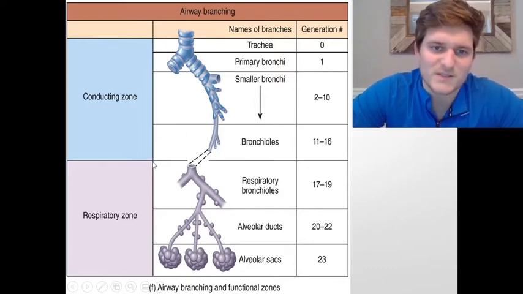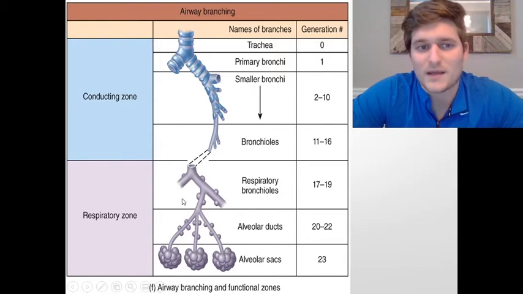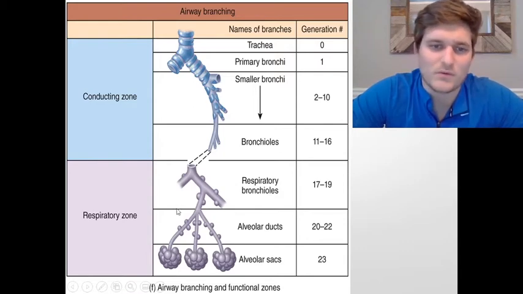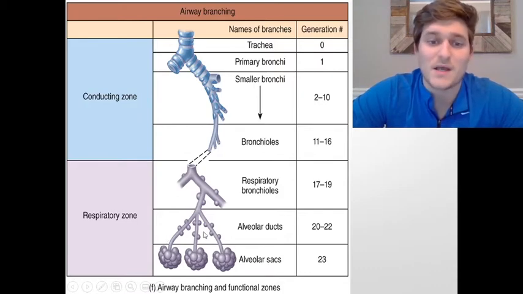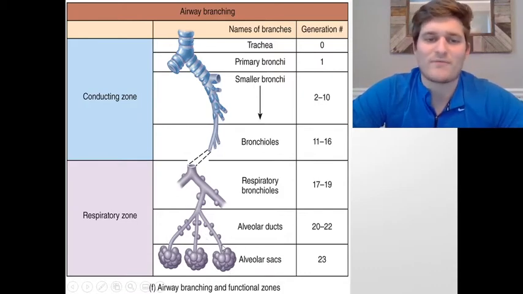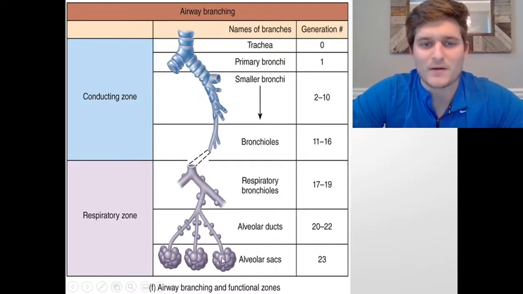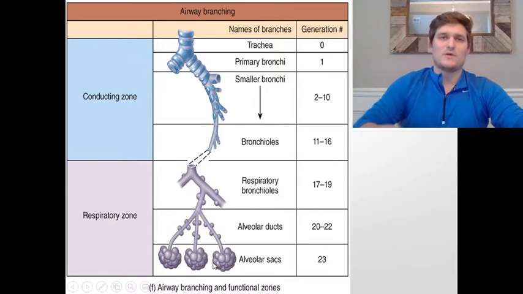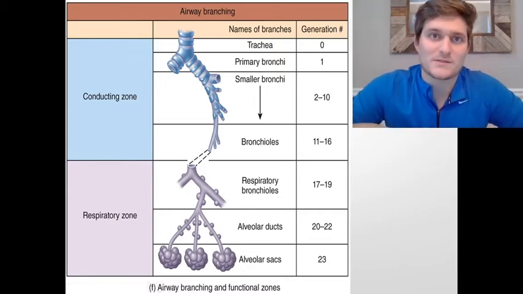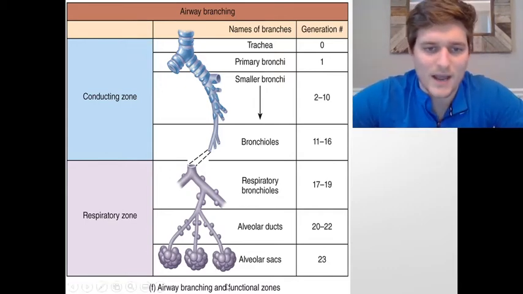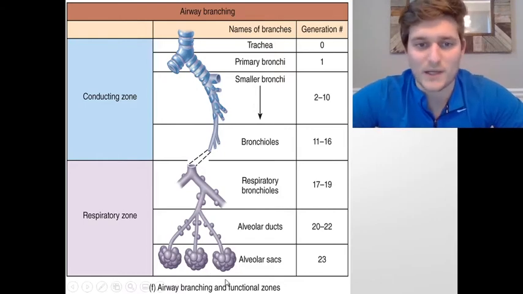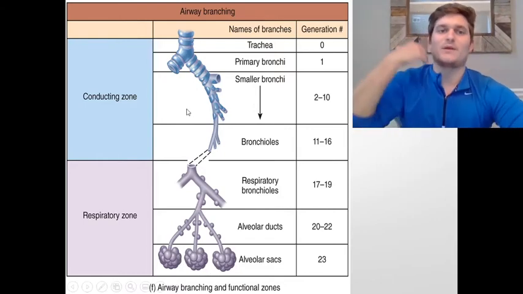And then it'll enter that respiratory zone, where it will begin in what's called the respiratory bronchioles, and then the site of actual O2 and CO2 exchange is going to take place in these alveolar ducts, which contain these alveolar sacs, where capillaries will surround these alveoli, and that's how we get O2 to be delivered from the lungs to the bloodstream, and how we get CO2 to go from the blood into the lungs and then eventually exhaled out.